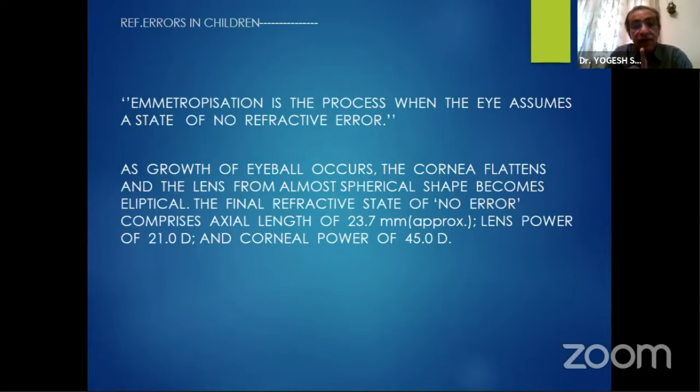The final refractive state of no error comprises an axial length of approximately 23.7 millimeters, a lens power of 21 diopters, and a corneal power of 45 diopters. So this is a standard, and the ultimate refractive state that we all should develop.